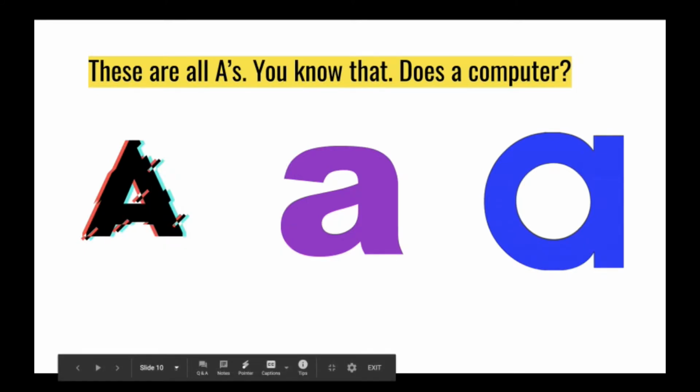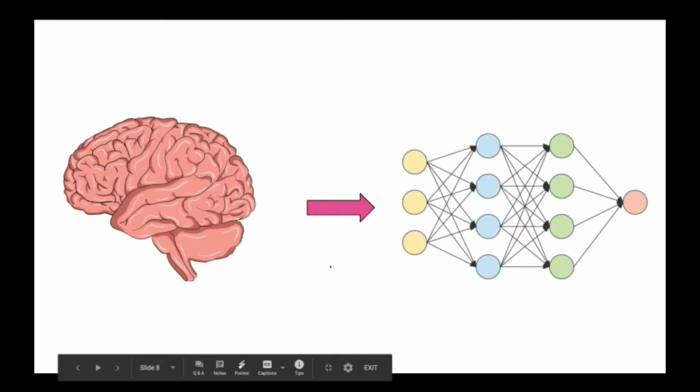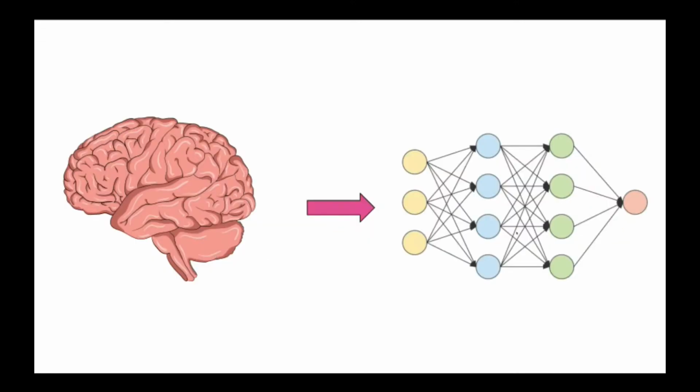Well, I said earlier that it's inspired by the structure of the brain. Let's talk a little more about the structure of the brain. The brain has a lot of neurons in it, and that's how you know things, how when you see a water bottle, you know it's a water bottle.